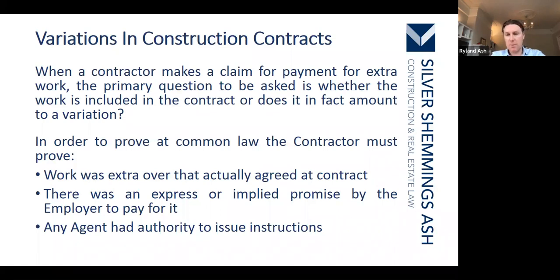So if it was reasonable for you to believe that the commercial director or the project manager on a job had authority to make changes, then I would say that was reasonable, that those people would have apparent or ostensible authority. But if it's somebody who's perhaps only administrative, then there may be questions over whether or not actually they ever had the authority to give those instructions. But obviously to avoid that, get it in your contract or record those instructions and get them signed by people at the appropriate level.